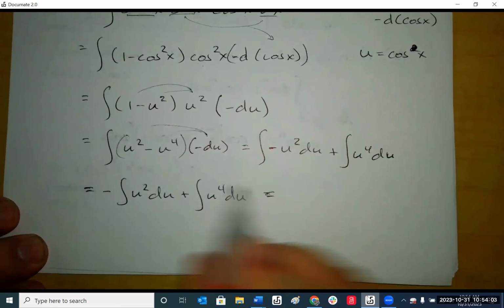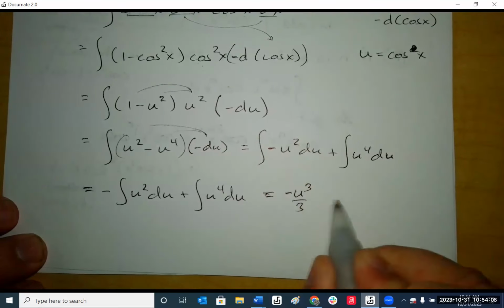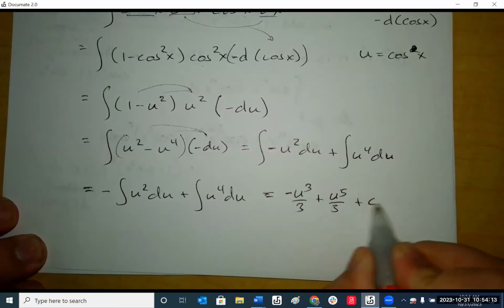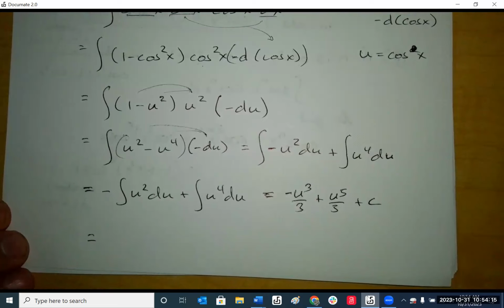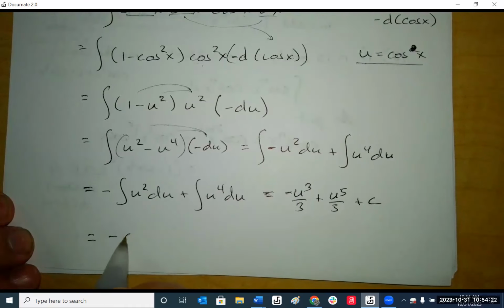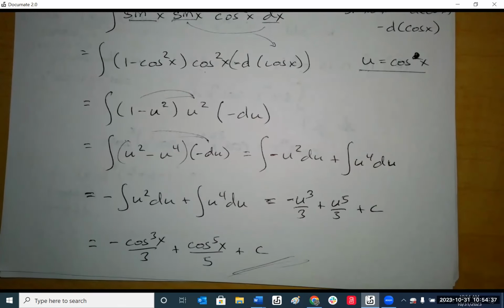So we have the integral of u squared is u cubed over 3, u to the 5th over 5, plus c. So anywhere you see a u, put a cosine. So it's negative cosine cubed x over 3 plus cosine to the 5th x over 5 plus c. And there's your answer. There's the integral of that function.